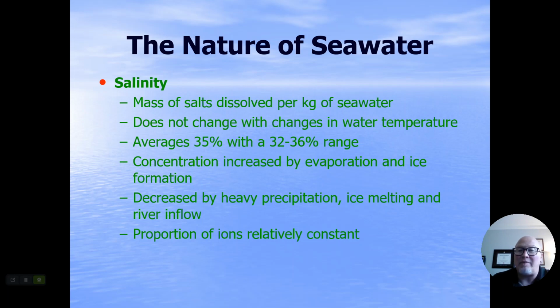Concentration is increased by evaporation and ice formation, so you get saltier down deep, especially up in the Arctic and in the Antarctic. But this decreases when we have precipitation, which makes sense because when it rains a great deal in a particular area, that's going to dilute the salt water.